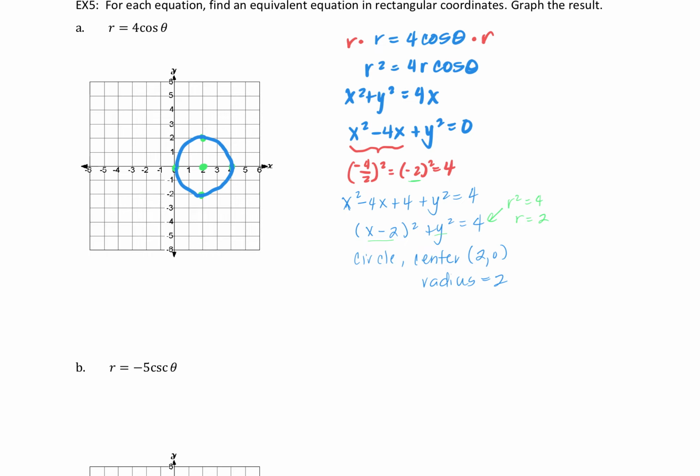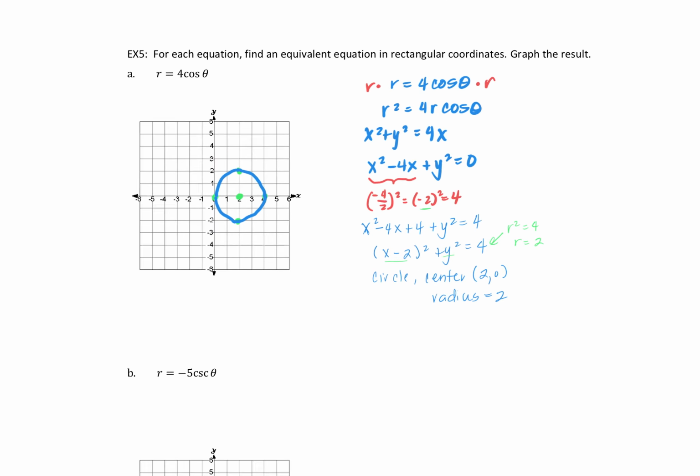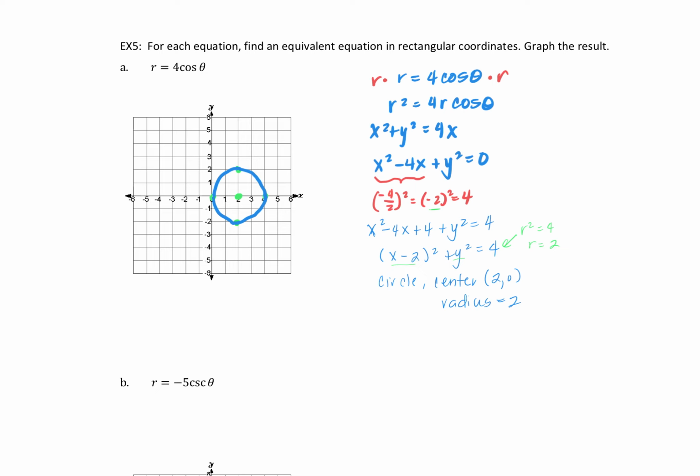So this would be the graph, which I kind of didn't know what the graph would look like until I got it in a standard form for a circle. Now, if I look at the polar form, just looking at this, it's r equal to 4 cosine theta. Cosine is x value. Think about it as x value. And this circle is on the x-axis.